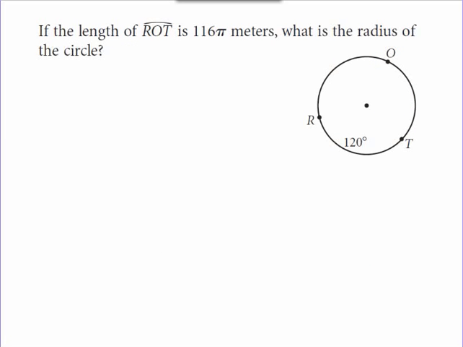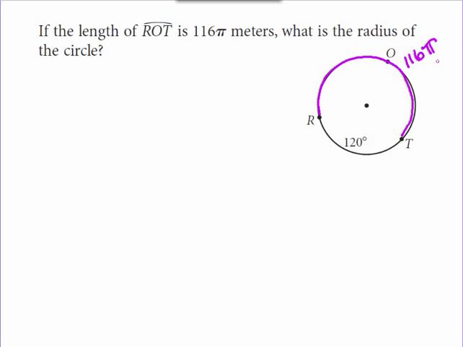Let's see what we got next one. If the length of ROT, so when they say ROT, we're referring to this whole thing right here, is 116 pi meters, what is the radius of the circle? So what we're trying to find is the radius.